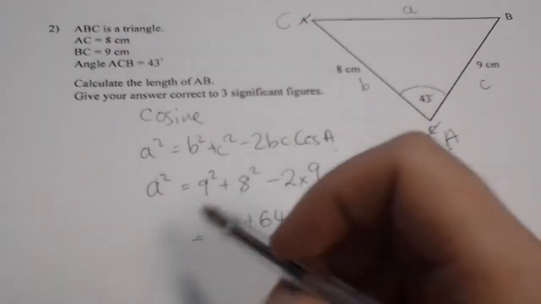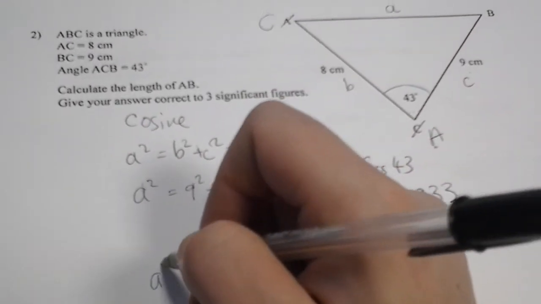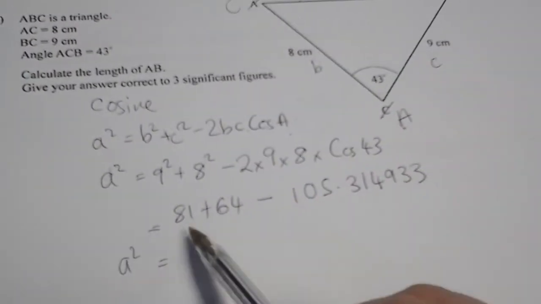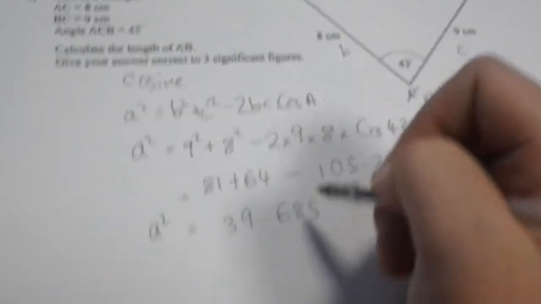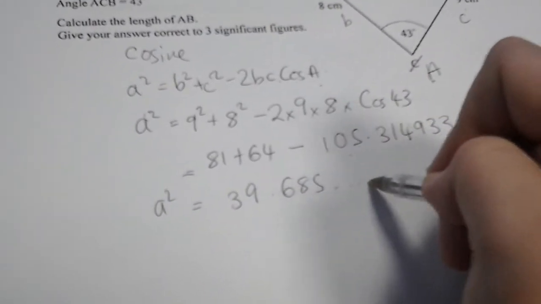That means that a squared is going to be equal to, if you do that plus that, take away that, 39.685. But be careful, there's some more decimals after that as well.